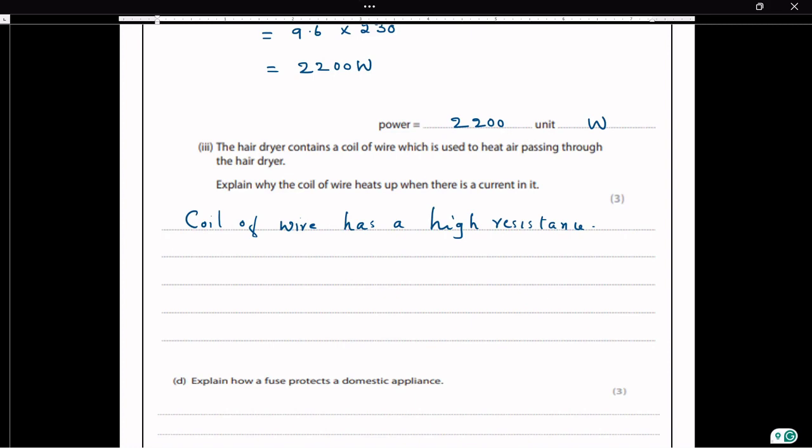When there is a current flow through the wire, that is through the coil, the electrons, current flow means the electron flow, lose energy as they flow through the coil.